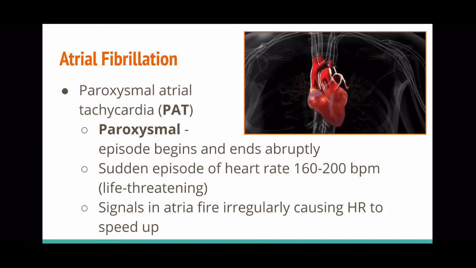So atrial refers to the atrium, which is where this arrhythmia originates, and tachycardia, the other of those three terms, means that the heart is beating abnormally fast. So paroxysmal atrial tachycardia is a sudden episode where the heart beats usually between about 160 to 200 beats per minute.